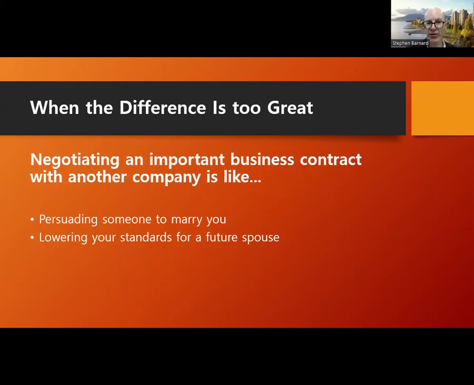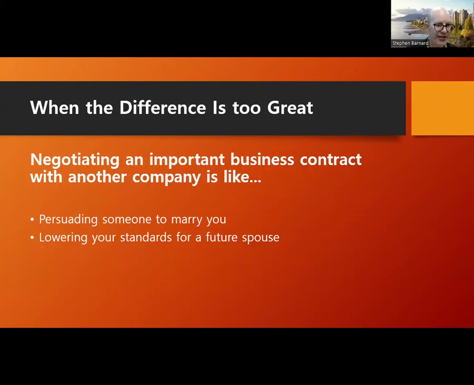So in this case, students had to say that negotiating an important business contract with another company was relevantly similar to something else. And then they had to list the relevant similarities and differences and explain why the relevant similarity was stronger.